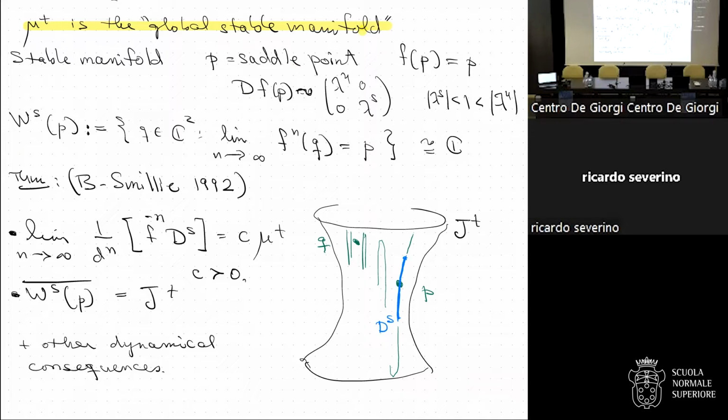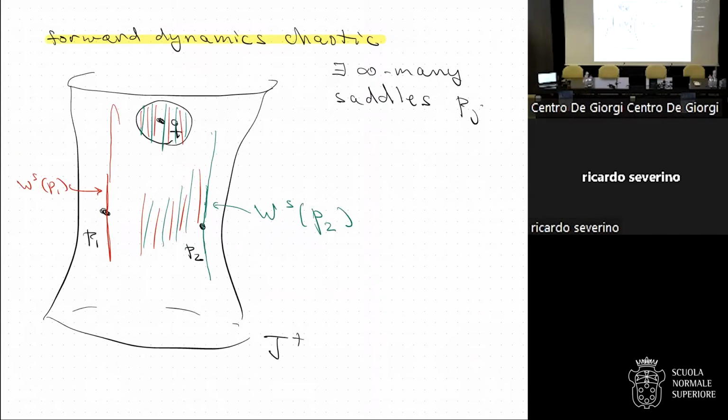Well, after n backward iterations, I need to be putting mass at the point Q. So I've got to have basically d to the n little disks of good size stacking up there, because I'm always normalizing by d to the n. So not only is the closure J plus, but as I get to some point Q after n pullbacks, I've got d to the n disks right there. It's not just in the closure, it's way in the closure. So here's another picture of that.